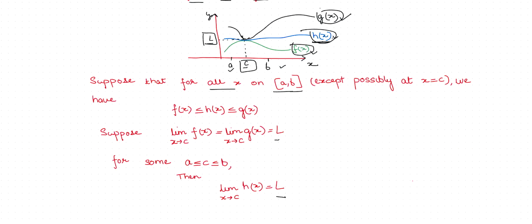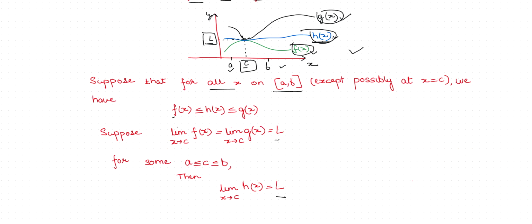So we have previously studied the limits also. So in this case, we only need to know that f of x is less than h of x is less than g of x for the values around C. Around x is equal to C because we are working with the limits.